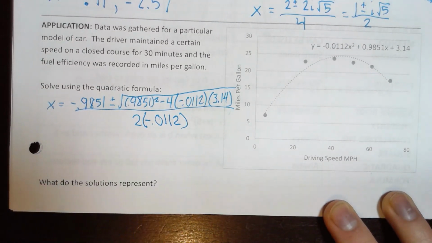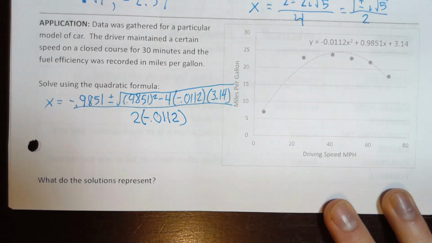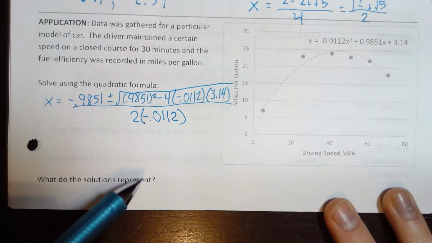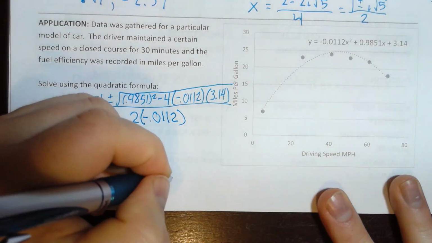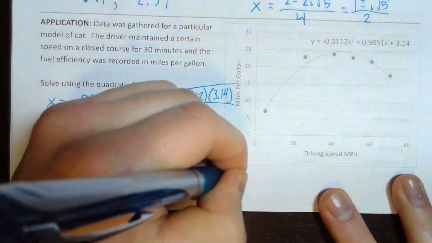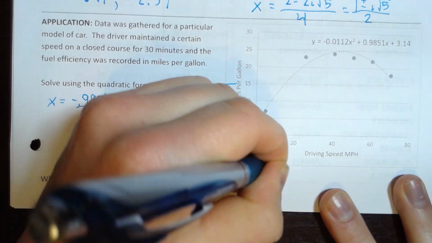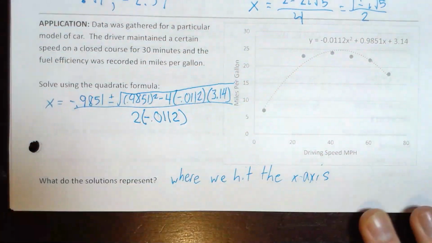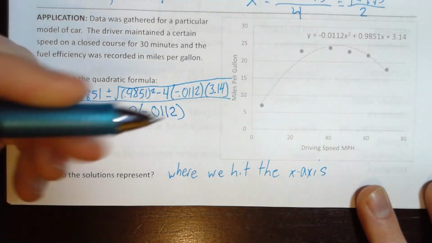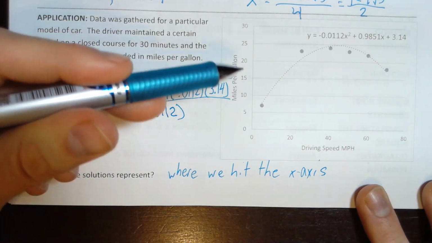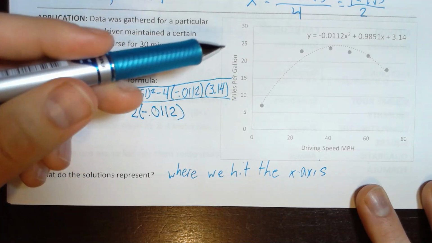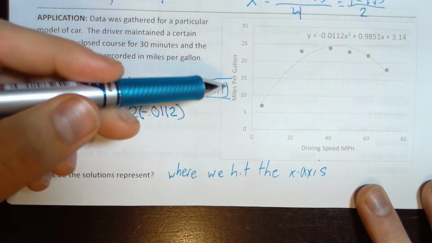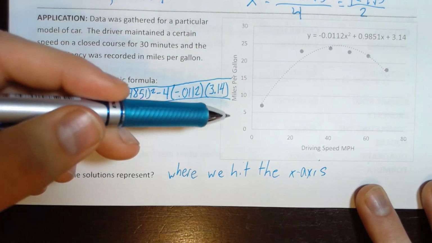What do these solutions represent? And again, we need to be able to think about this. It's always where we hit the x-axis. That is all we're trying to find. In this case, we're asking, where am I going to be doing 0 miles per gallon?